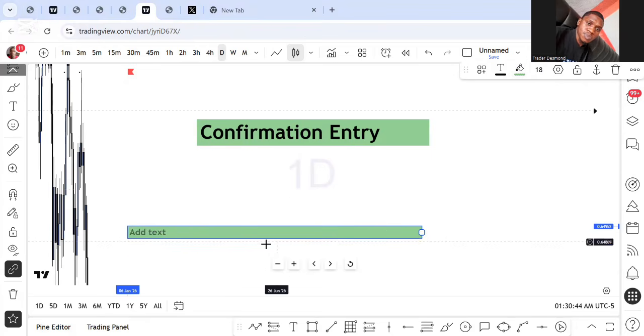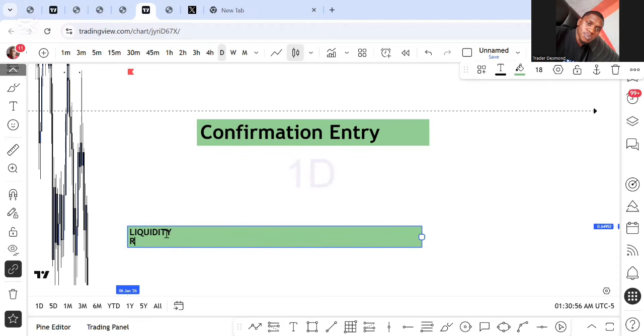In this particular section, one thing I would love to call your attention to: you need to understand what liquidity is, which you have already done. You need to also understand what we call range, and you need to understand CRT very well. When you're able to understand CRT very well, you need to understand MSNR key levels.